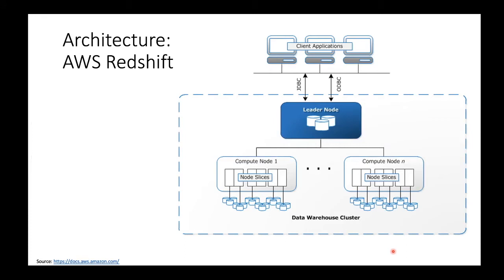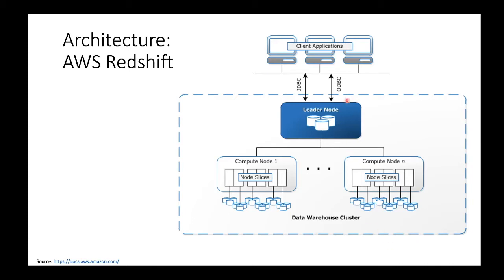We'll look at it at a 10,000 feet overview, and then we'll go a bit closer and look at what it looks like under the hood. If you're familiar with MPP architectures, or massively parallel processing system architectures, like Presto's architecture or the architecture of Apache Impala, then a lot of this will be familiar.